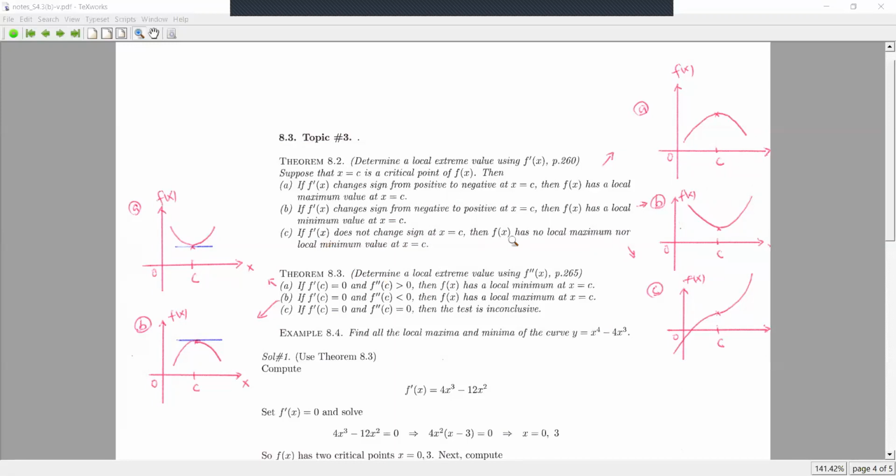Again, in this case, the function has no local maximum, no local minimum at the point C. So this theorem says that you can use the derivative to determine whether or not the function has an extreme value at a critical point C.